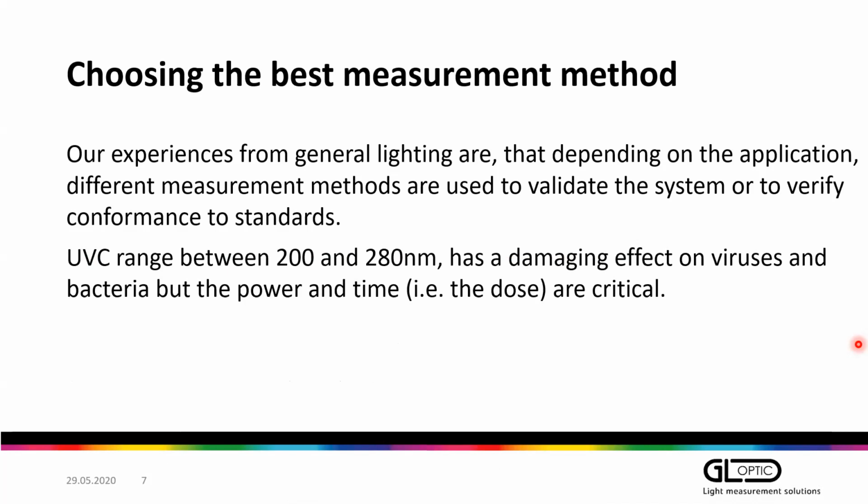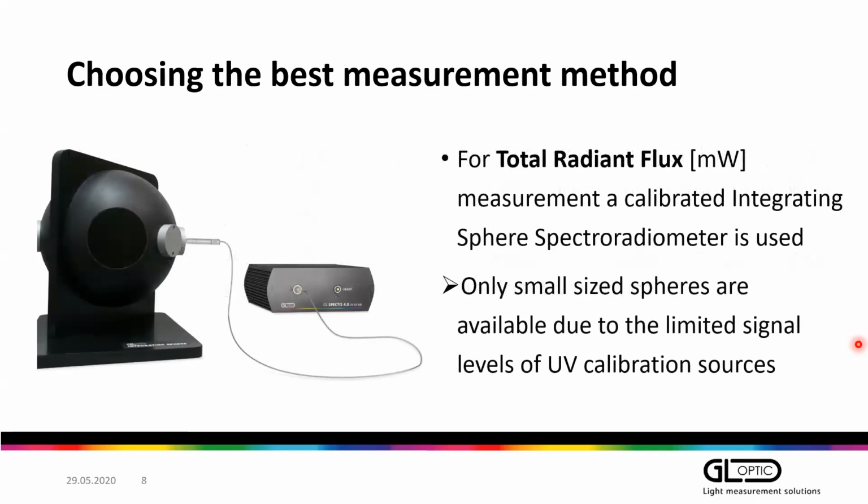But an important point is that it's the combination of power and time. So it's this dose that we have to provide to be able to kill bacteria or viruses. For this reason, we can use different measurement methods.